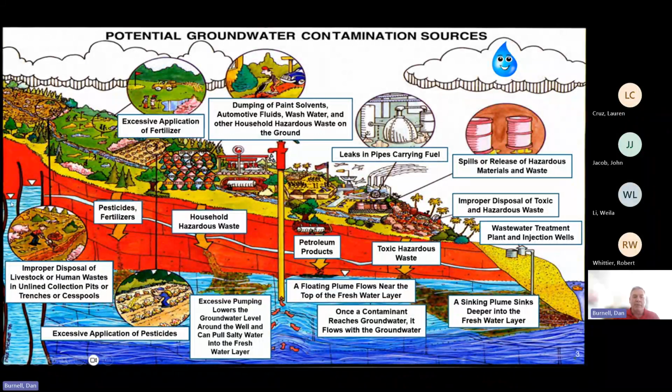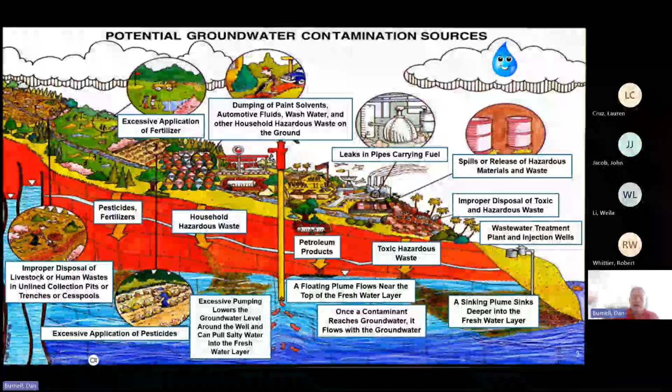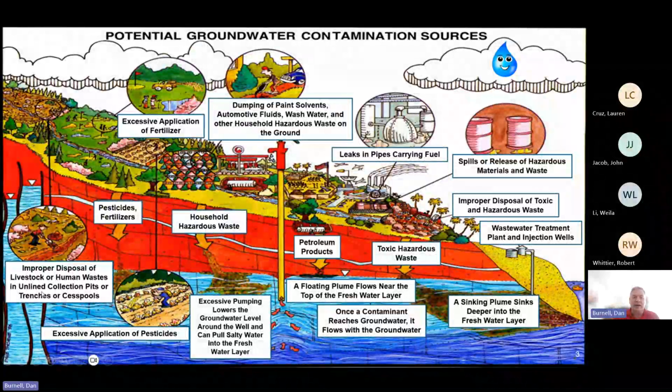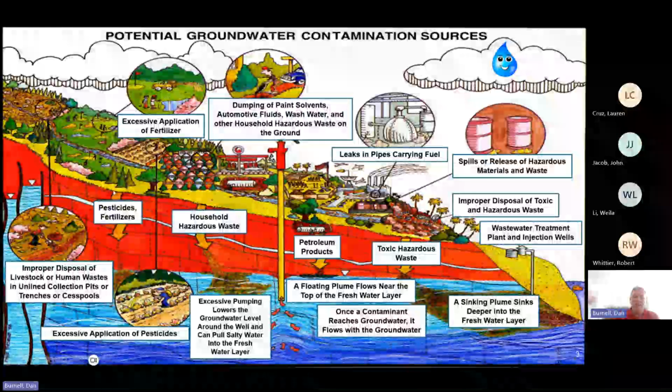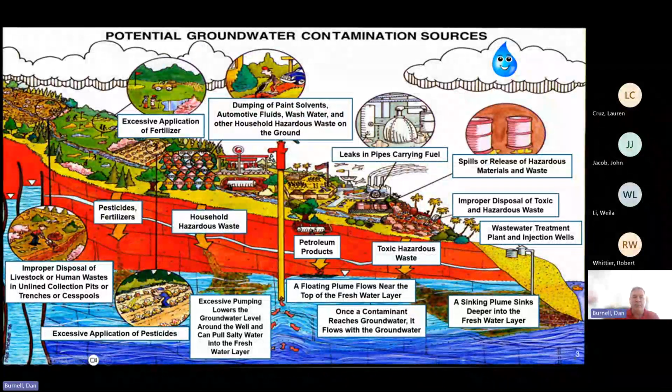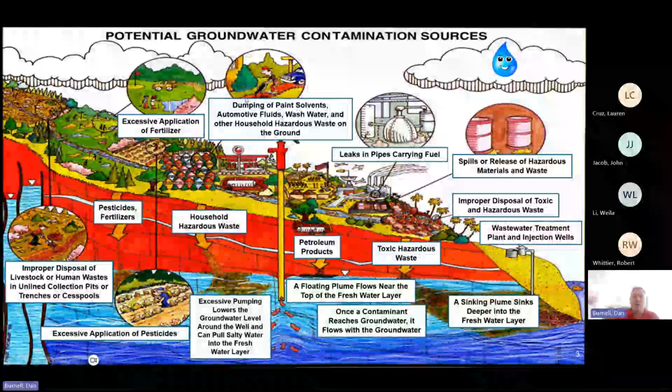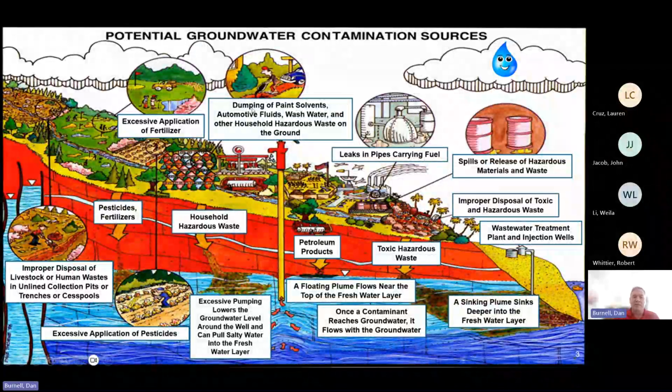It may occur, for example, from improper disposal of livestock or human waste through unlined collection pits or trenches or cesspools. It can occur from pesticides and fertilizers that can be applied to the land surface. It can occur from even homes where paint solvents or automotive fluids or other types of materials are dumped under the ground.